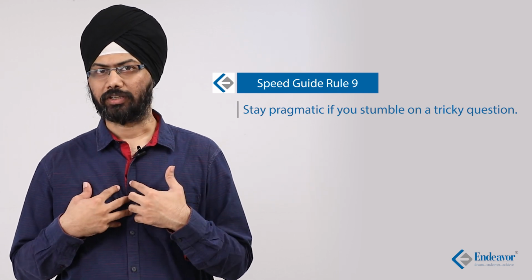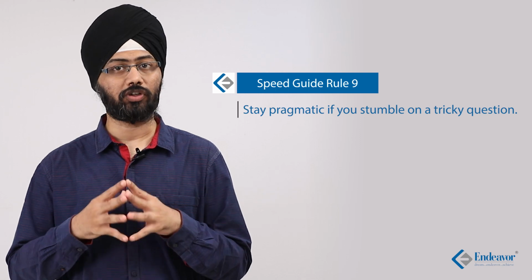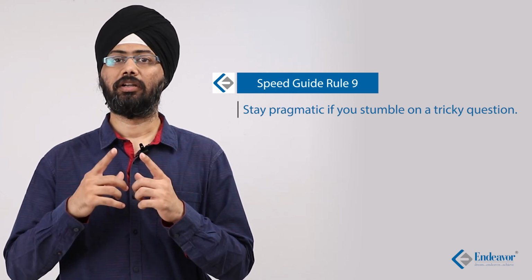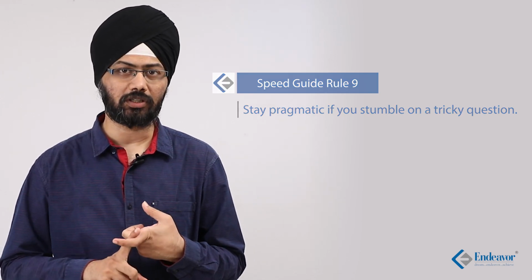If I were to take the test, I would not give so much time to it, because if I get all 4 of them correct, I do not get any bonus. But the amount of time and the energy and the effort that I put into that question is definitely going to affect something else in the same section, unless this is the last question I am attempting in my verbal section.